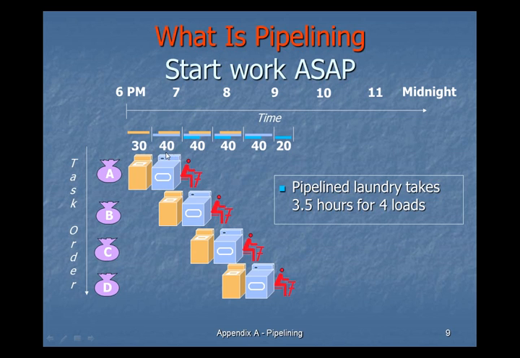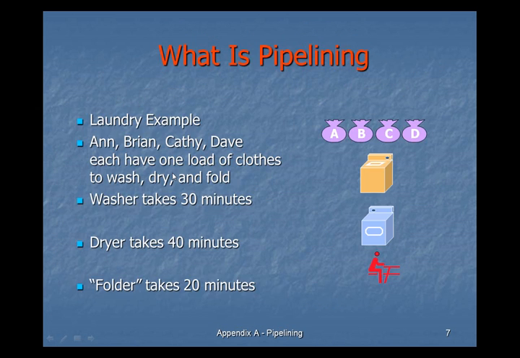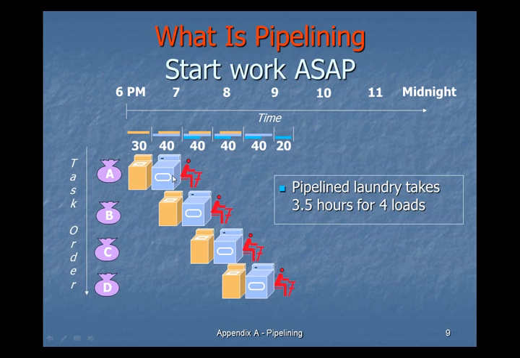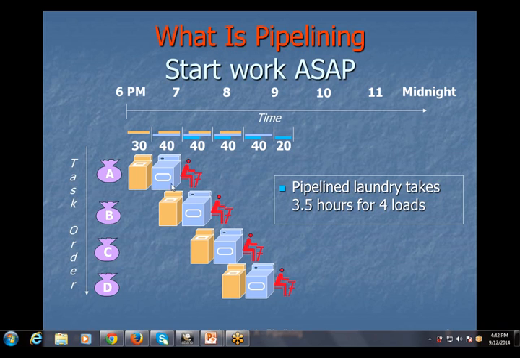If A is using the 40 minutes for dry, at the same time B is using 30 minutes for the washer. In the same way, A is using 20 minutes for folder in the 40 minutes also. As you see, A and B are both using the same timing.